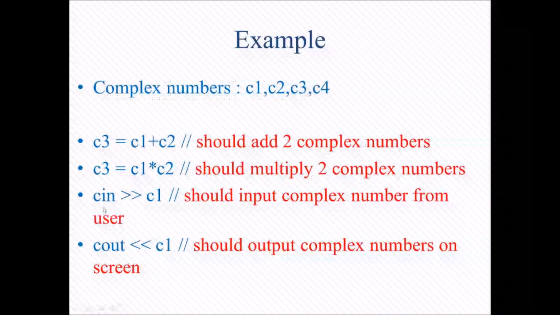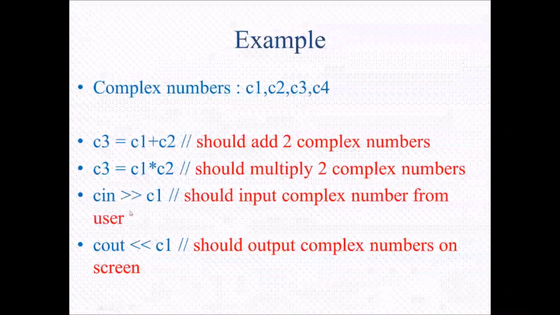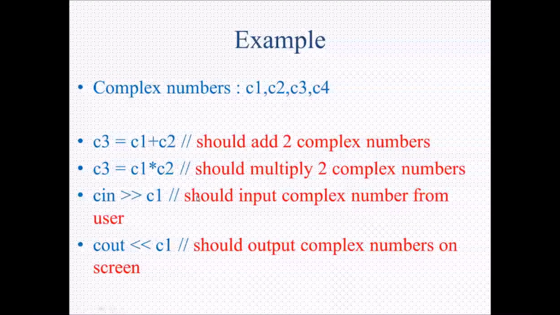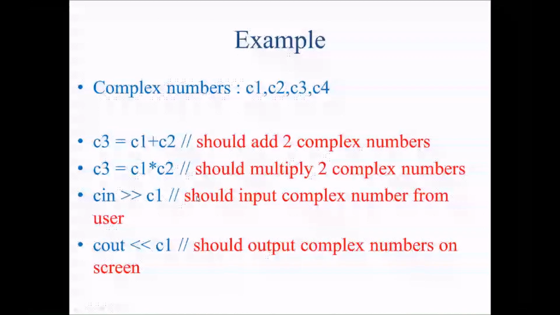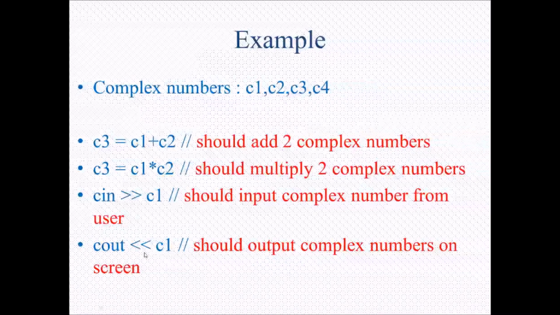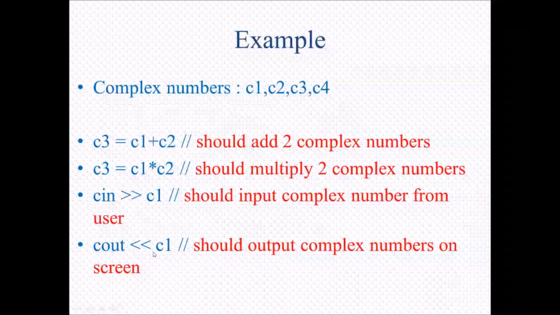When I'm using cin and this operator along with C1, this statement should be able to accept the complete complex number, that is the real part as well as the imaginary part. The last operator is the stream insertion operator along with cout. Whenever I say cout and C1, it should display the complex number C1 onto the screen. This is what is expected by this assignment.